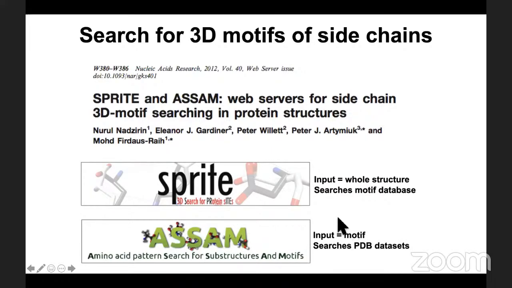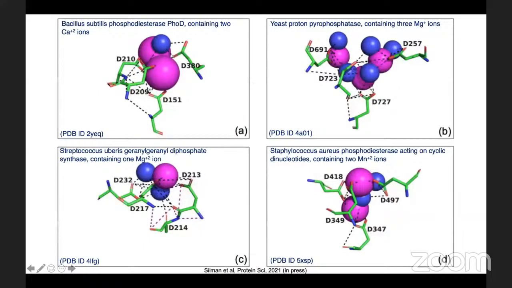Okay. And this is one example of how the searches have been able to provide insights into shared function. This is a paper by Israel Silman at the Weizmann Institute. And they're perhaps one of our hardcore users of the ASEM program.